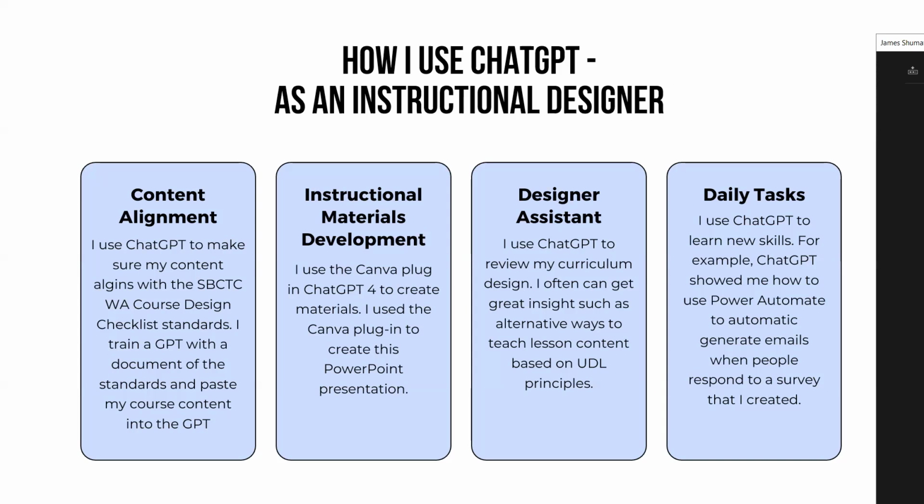So I had no idea how to do something like this. But with ChatGPT, I asked, please tell me how I can automate emails being sent out after a survey is complete. I wrote out the instructions and then it gave me a step-by-step guide how I could go into Power Automate and create that chain of events.